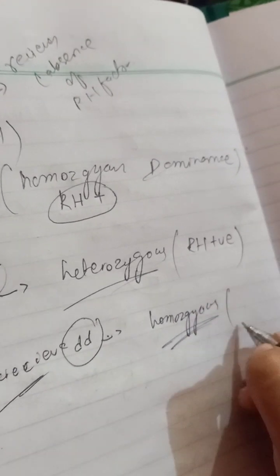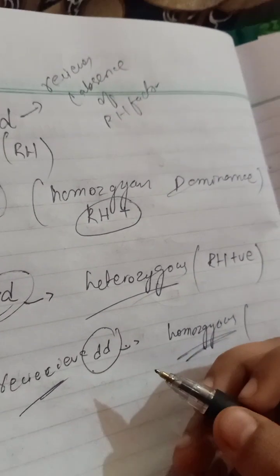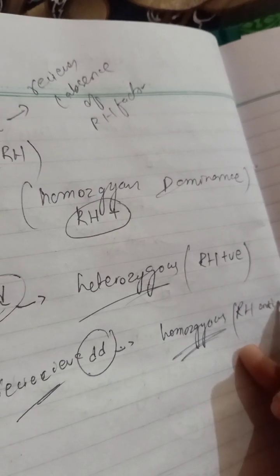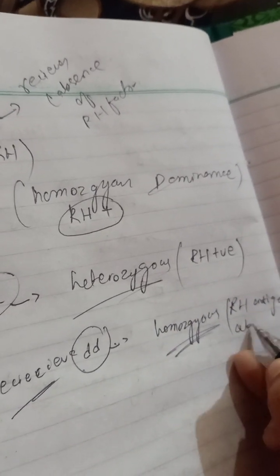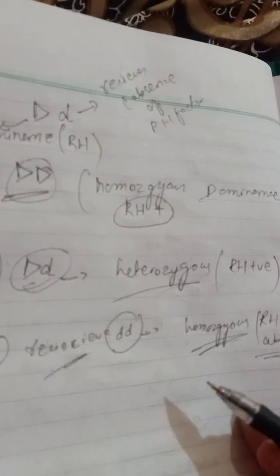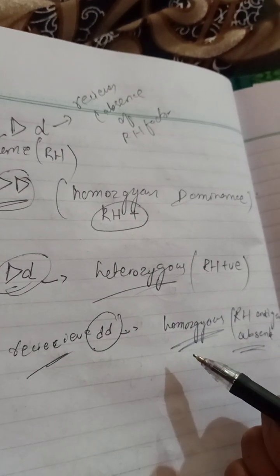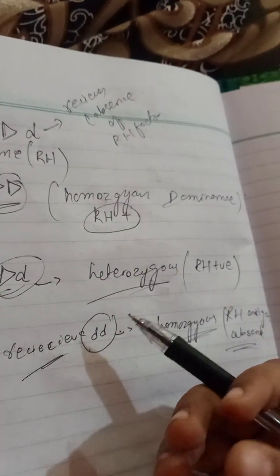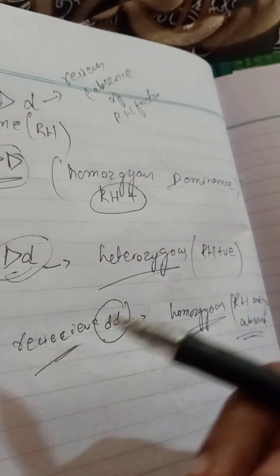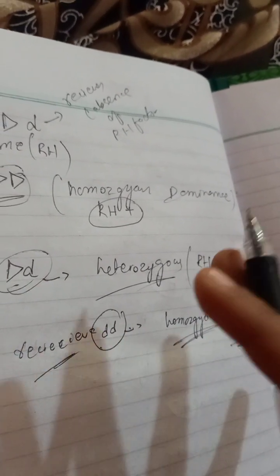So I am saying that if the dominance is not there, it means the Rh antigen is basically absent. The phenotype is 2, positive or negative for the Rh factor.